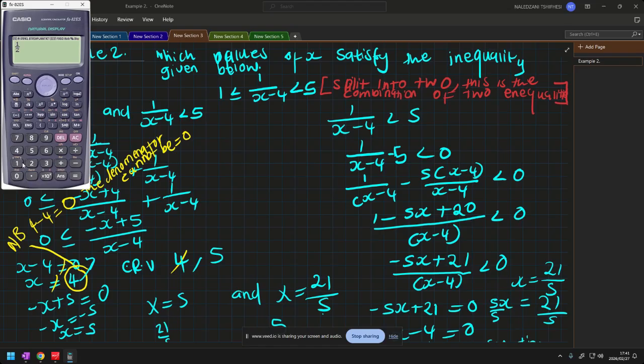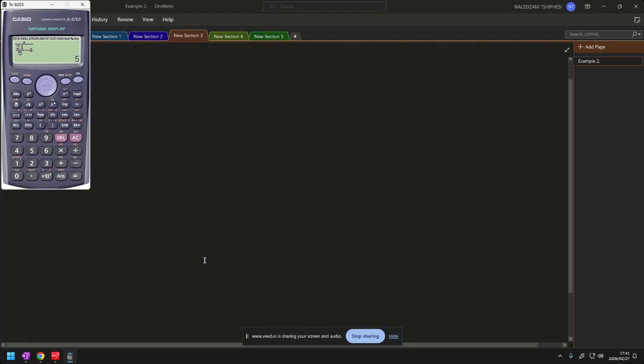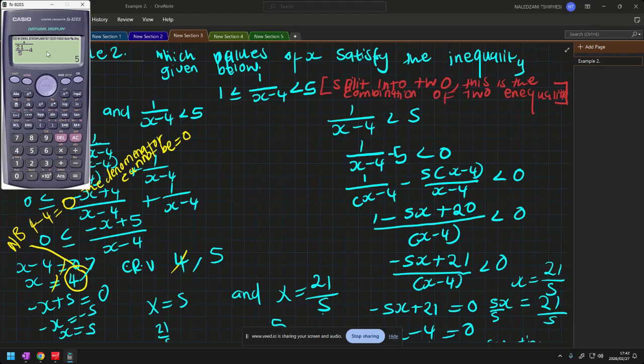Let's put 21 over 5. Let's minus 4. So here the answer is actually greater than 5.